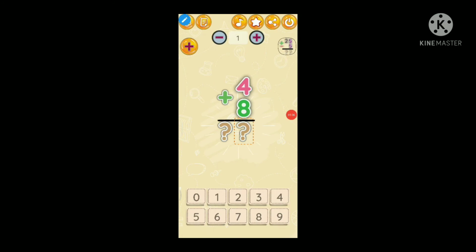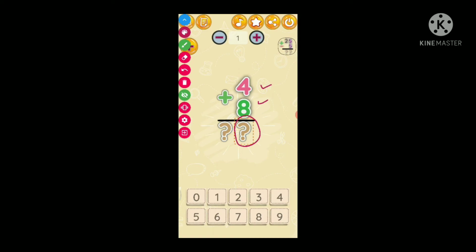Okay students, now see this one, how we can add these two numbers. So any method we can use, the line one, or we can use that one, the counting, right? So any one you can choose. So what will be the correct answer? Just tell me. 4 plus 8. Here what it will be? Which number we have to place here? So 8 and 4.